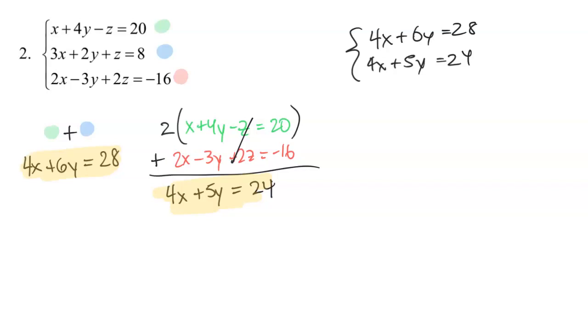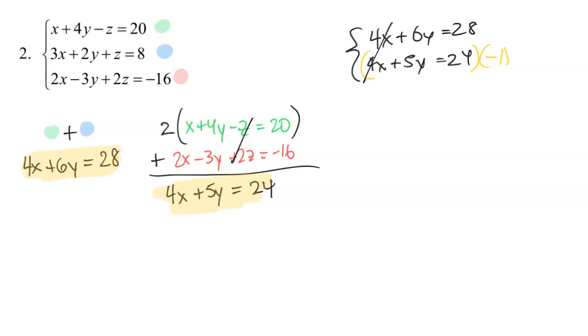What we're going to do is take this second equation, multiply it by -1, and then add these things together. 4x times -1 is -4x, and when I add that to positive 4x, those two terms are going to cancel.